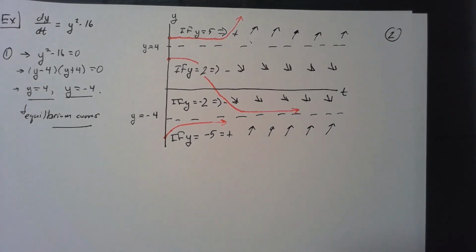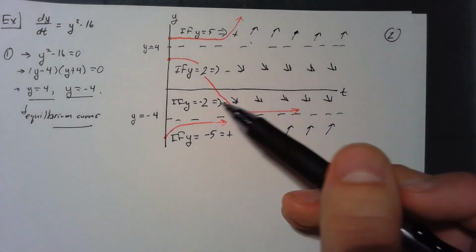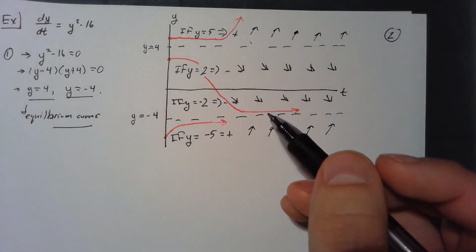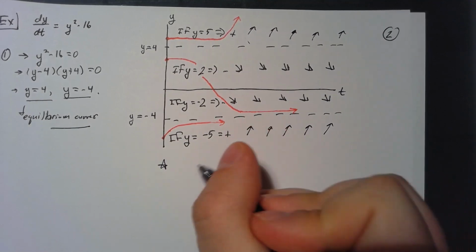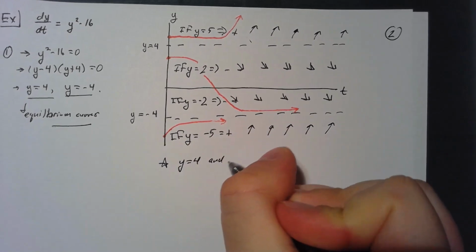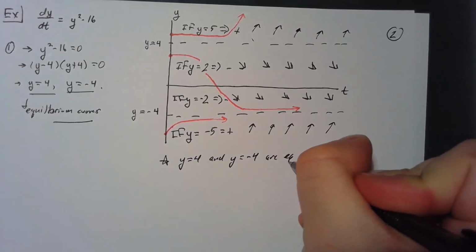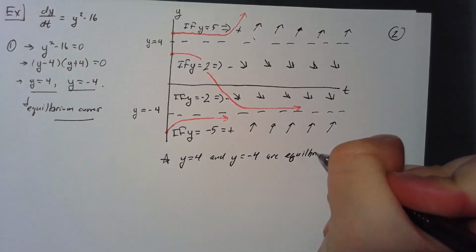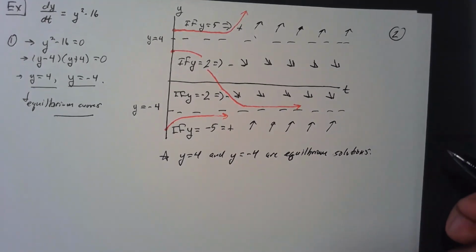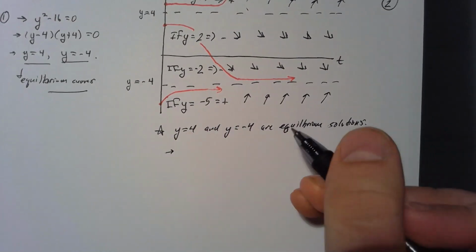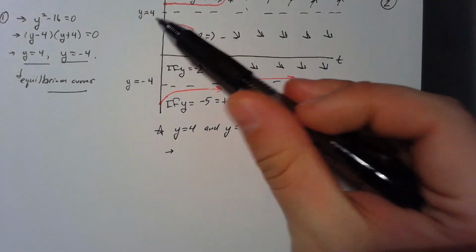So, to summarize this, let me summarize it as the following. So y equals 4 and y equals -4 are equilibrium solutions. Right? Now, let's look at y equals 4 first.